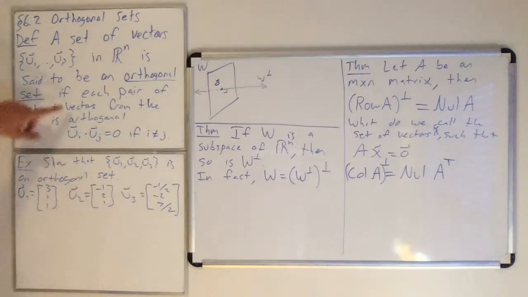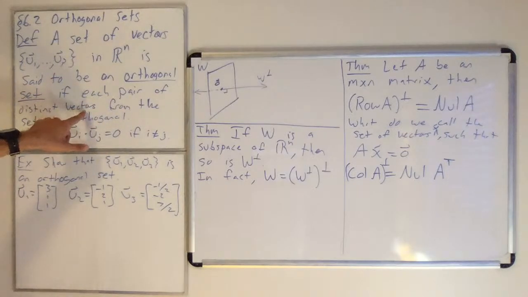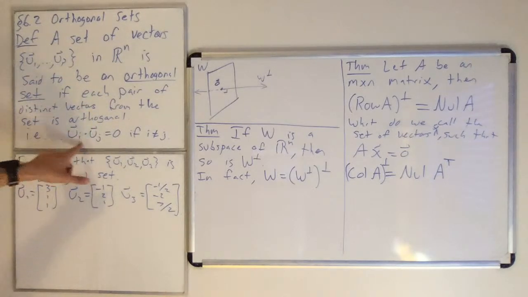We want to show it's an orthogonal set, meaning each pair of vectors has the property that you take their dot product, you get 0. And after this example, we'll state a theorem and we'll actually do the proof. So get ready for that. It's going to be good stuff.